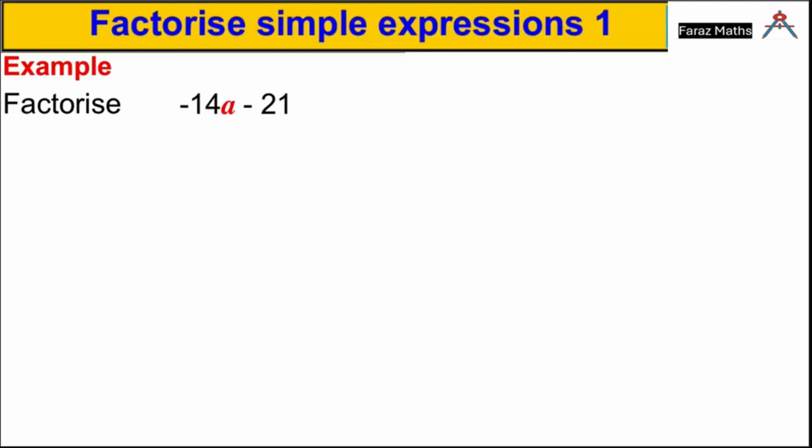Negative 14a, negative 21. How can we do that? You have to find the HCF between 14 and 21, and that is 7. And you can also take the negative sign common. So minus 7, and then in the bracket, think about it. Minus 7 times what will give you minus 14a?